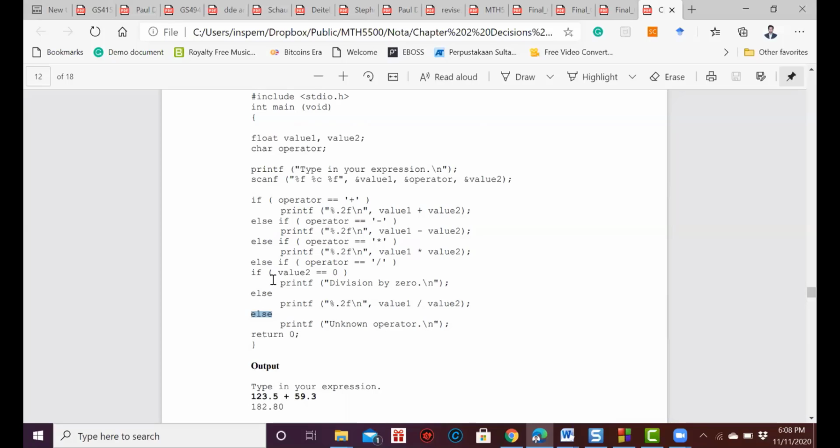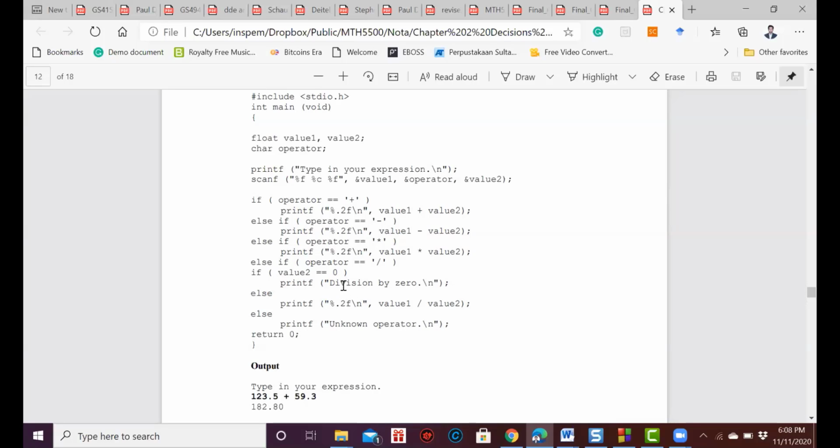Why do we need to put it like this? Because if we do not consider this situation, if value 2 is equal to 0, then the compiler will run into a logical error because of division by 0. So in this situation, we avoid the division by 0.